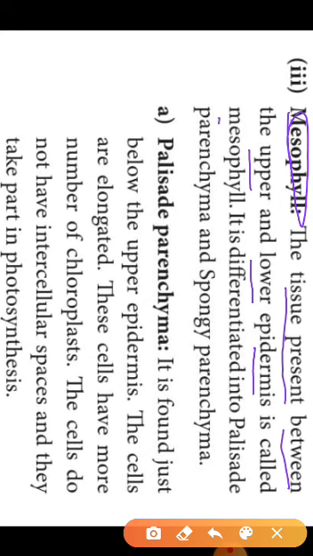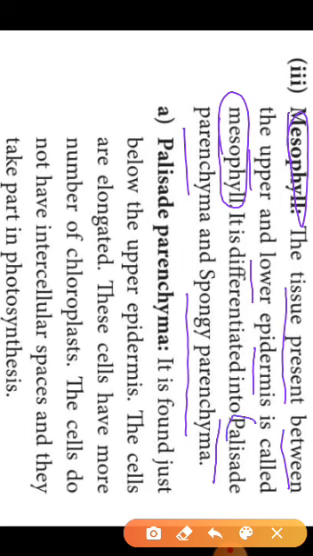It is of two types. Palisade parenchyma. Second one is spongy parenchyma. Name the two types of mesophyll. Palisade parenchyma and spongy parenchyma.